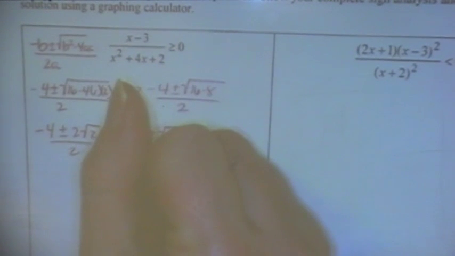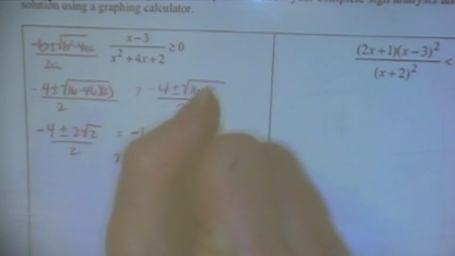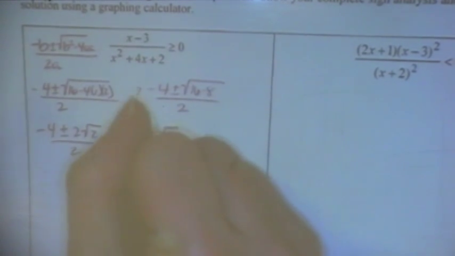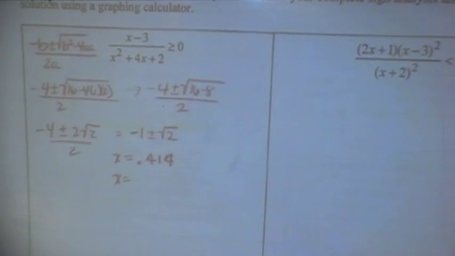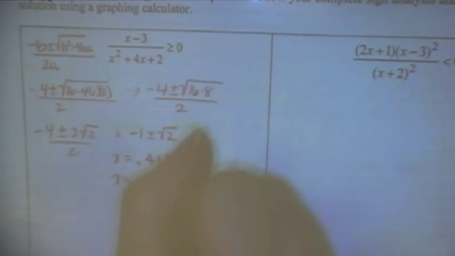Alright, so I get x equals 0.414 and -2.414.